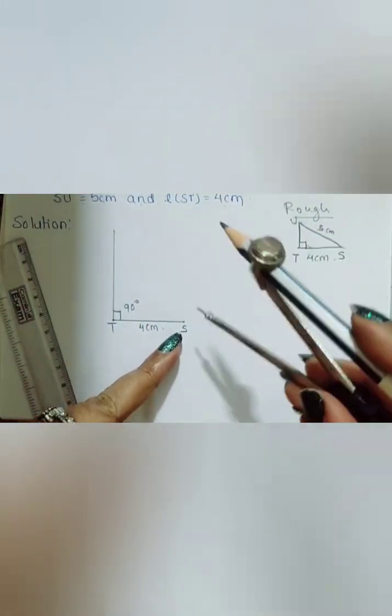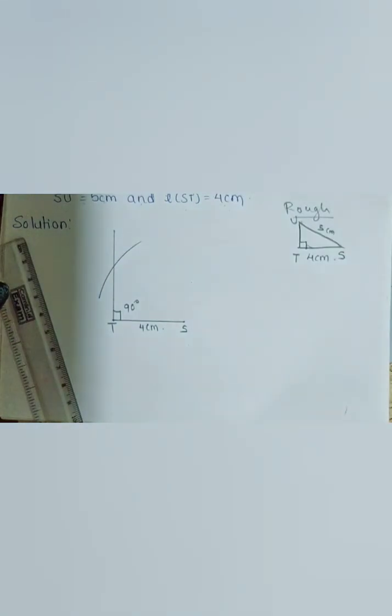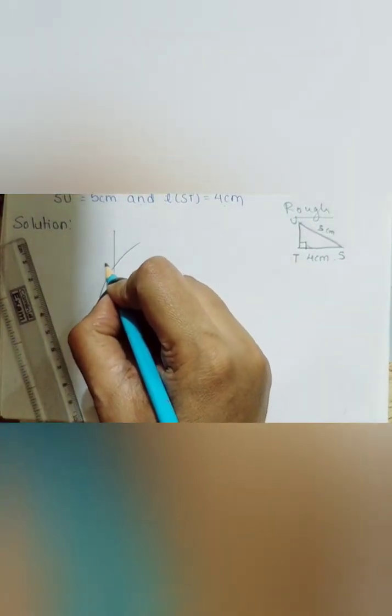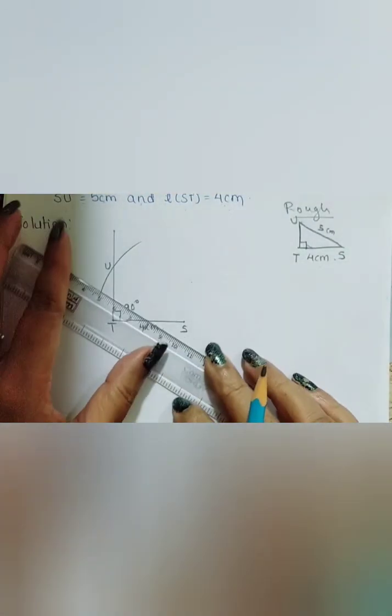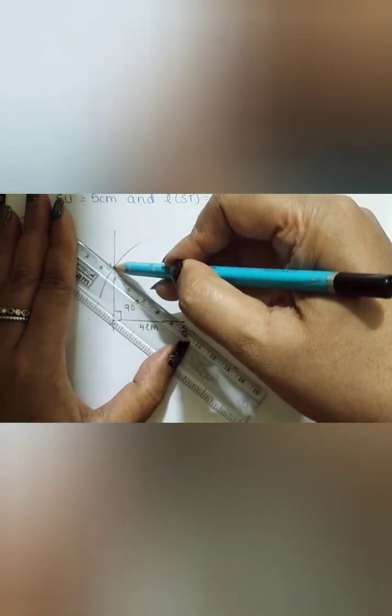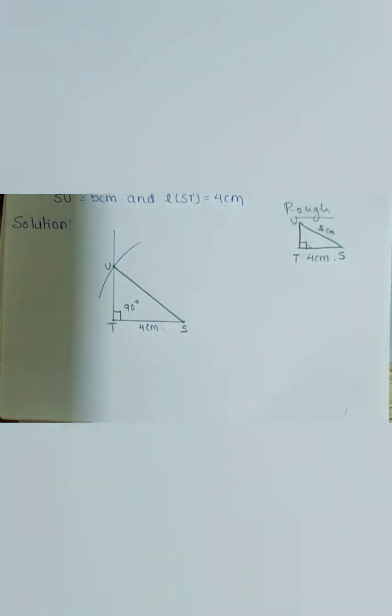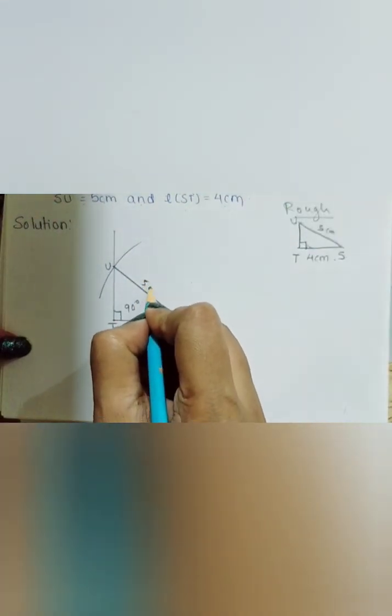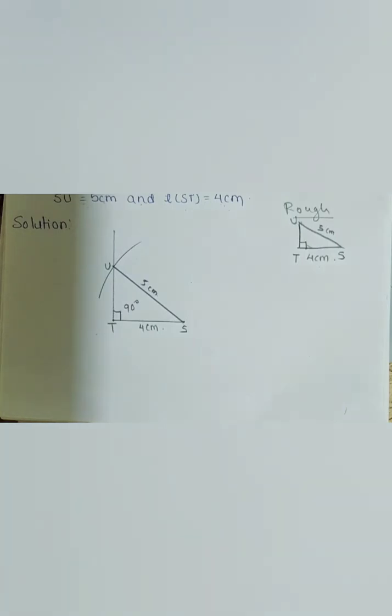Now we'll keep this compass point on S. Going to draw an arc where it intersects, that is our point U. We are going to join S and U. Okay, this is our 5 centimeter. I hope you understood how to construct right angle. We are going to do next sum, that is question number 3.